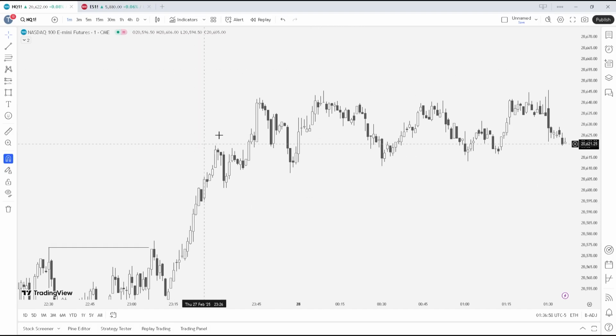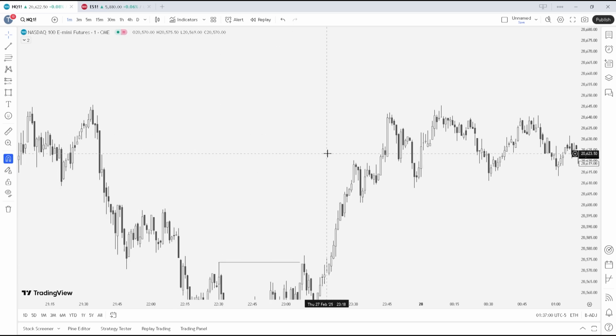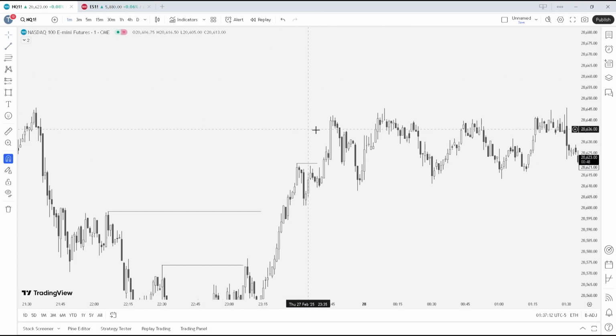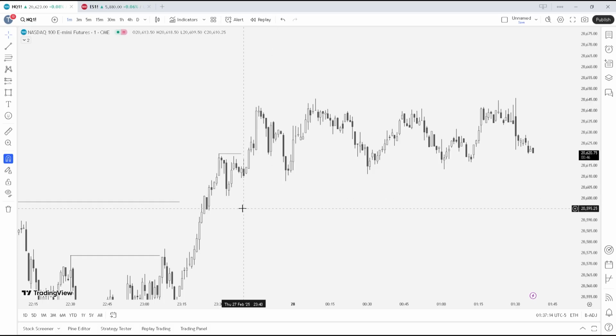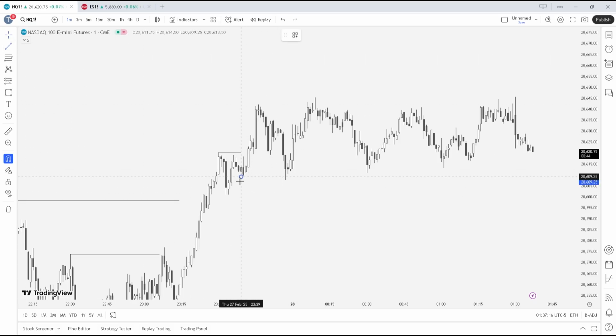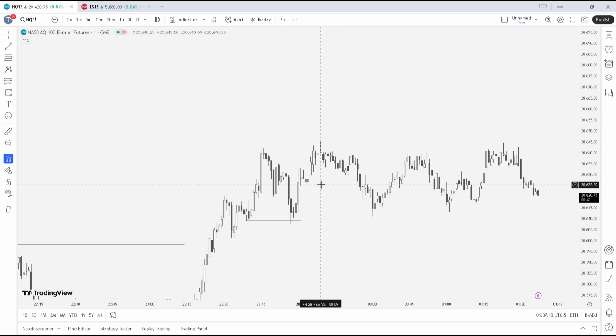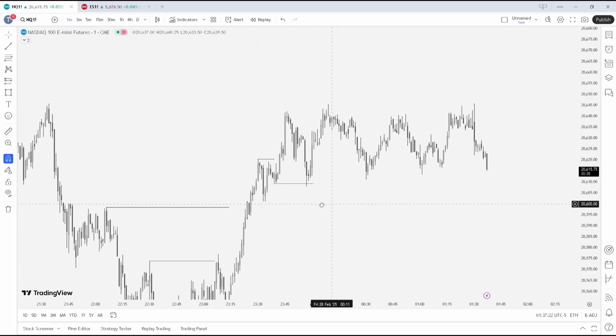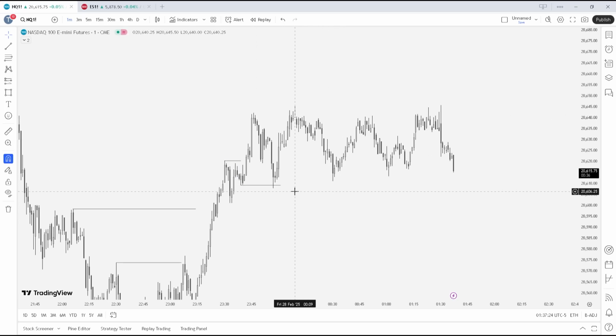So we sweep buy side liquidity. We sweep these internal buy side levels like here, right? We sweep all of this buy side liquidity, we get a move lower. And then we sweep the sell side liquidity, we get a move higher, right? And since we are bullish right now, what you could expect is we just keep making higher highs and higher lows.